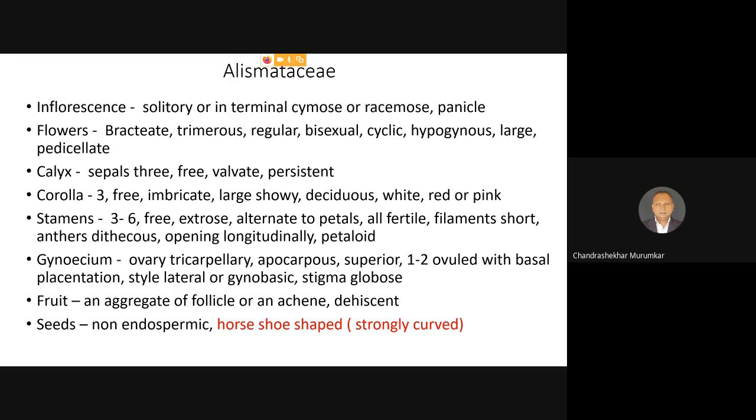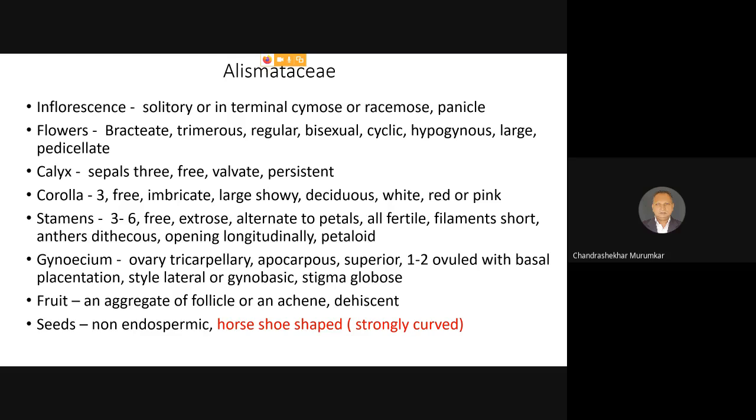Very interestingly, this is a unique family where we can find the horseshoe-shaped embryo. Now this horseshoe-shaped embryo is a typical character which is found in the family Ranunculaceae. Now this is a typical character again which is found in the family Winteraceae.